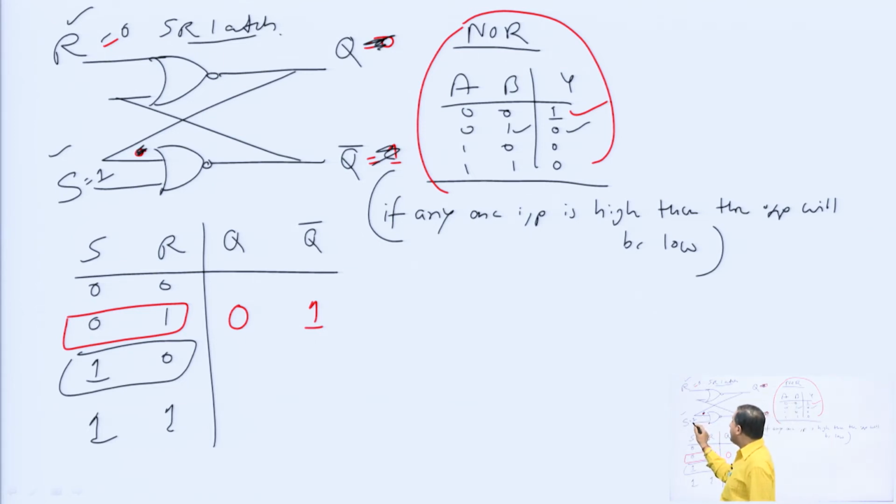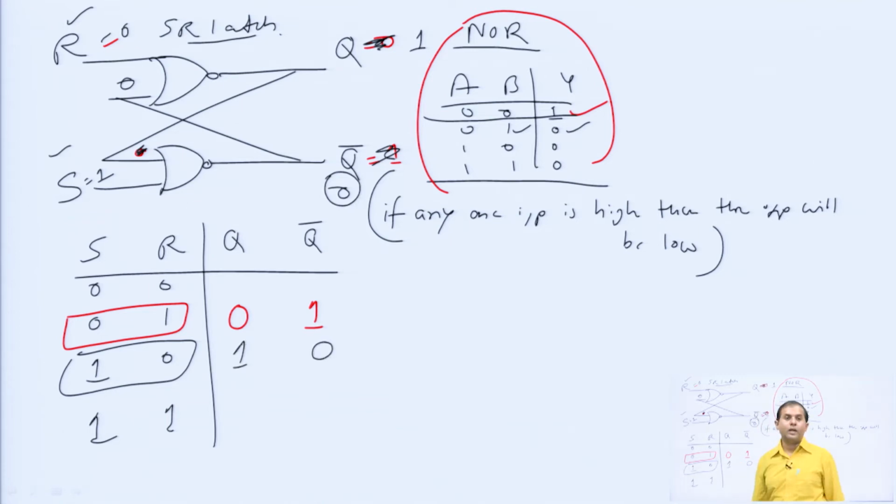So, here S is 1. So, we need not check the second input, directly we can write Q bar as 0, and if Q bar is 0, this 0 is coming to here. So, 0, 0 NOR gate output is 1. So, see now this time we are getting Q is equal to 1 and Q bar is equal to 0. I think up to this it is very much clear.